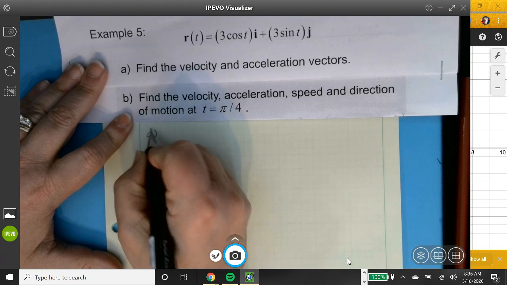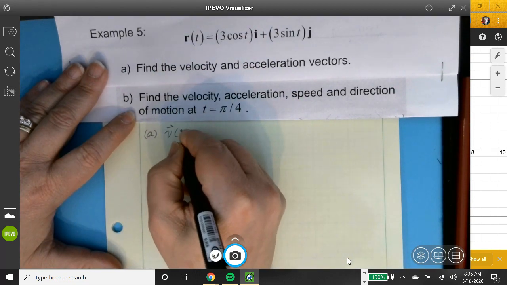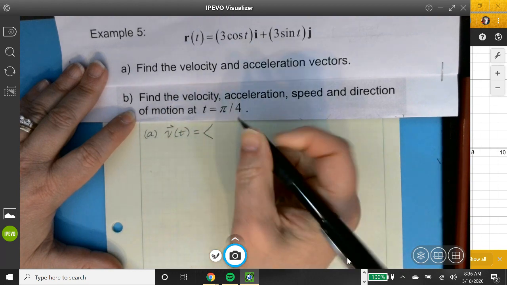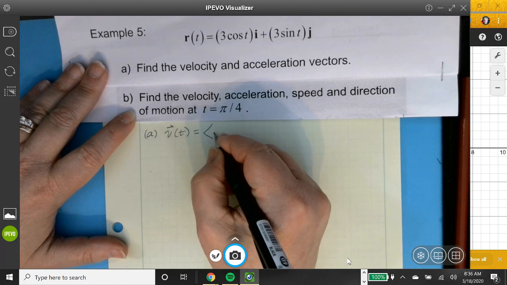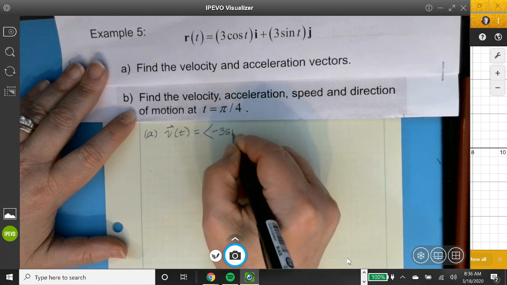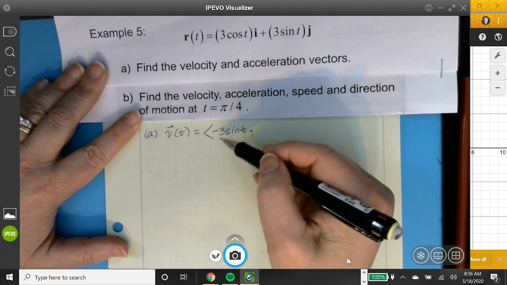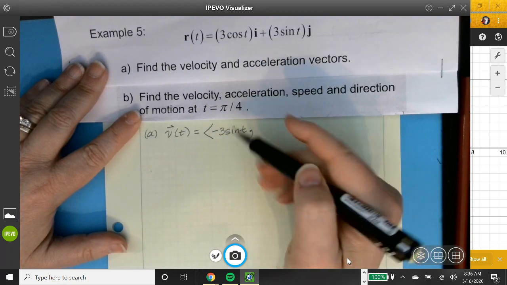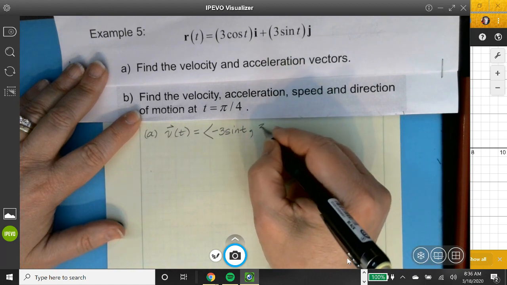Okay, so part A is pretty simple. The velocity vector here is going to just be the derivative of the component parts. So we're going to take the derivative of 3 cosine t, which is going to be negative 3 sine t, comma, and I'm just changing to my nice angular braces. I like those a lot better. And then the derivative of 3 sine t is 3 cosine t.